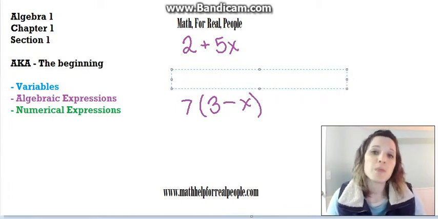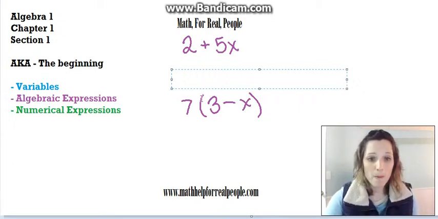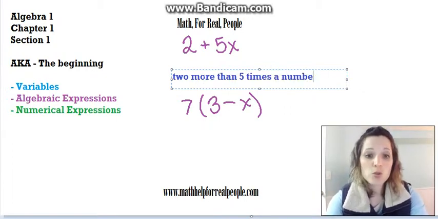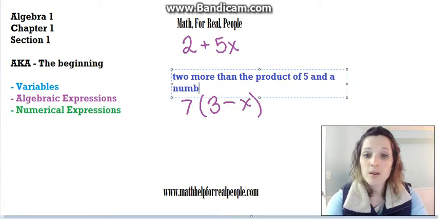Write down what that means in a phrase. So you have 2 more than 5 times a number. Or you could say 2 more than the product, which is multiplication, of 5 and a number x.